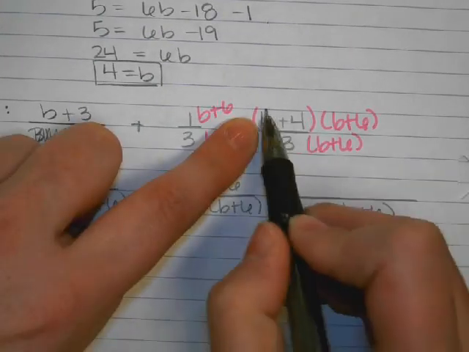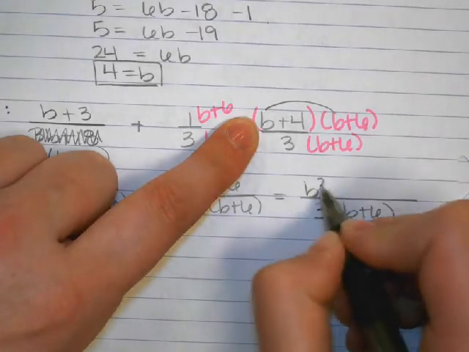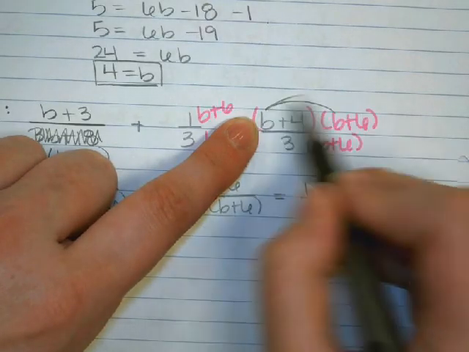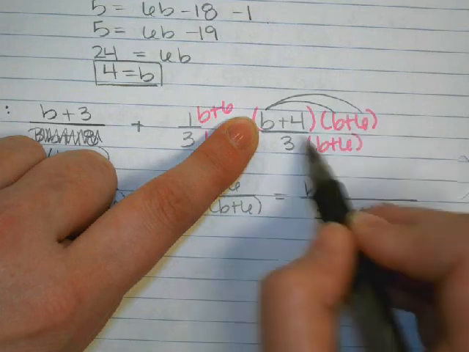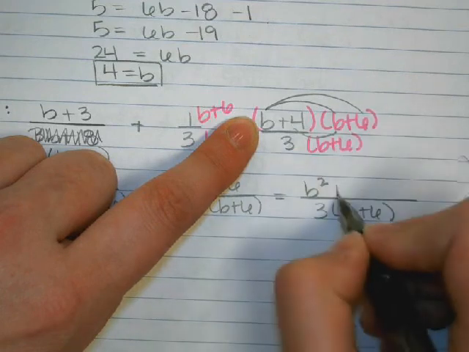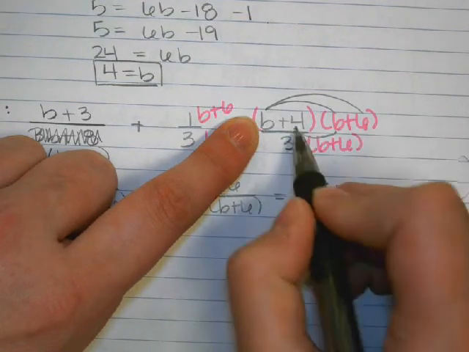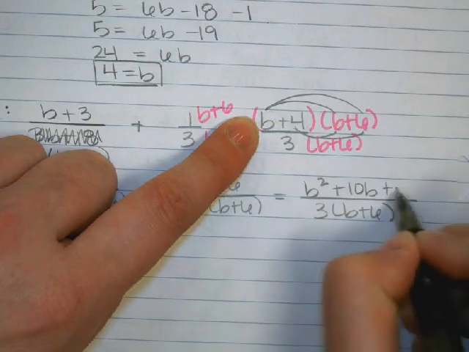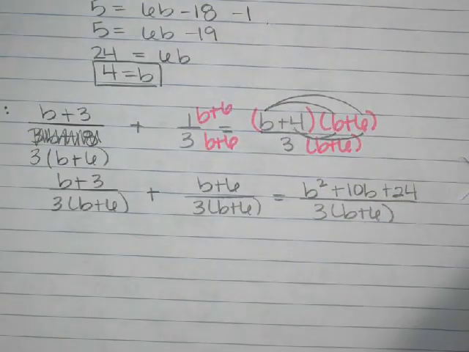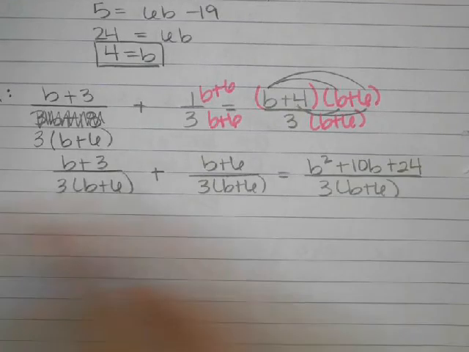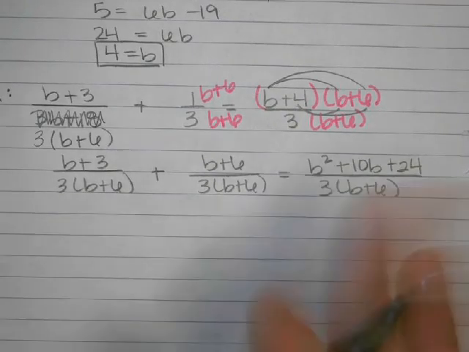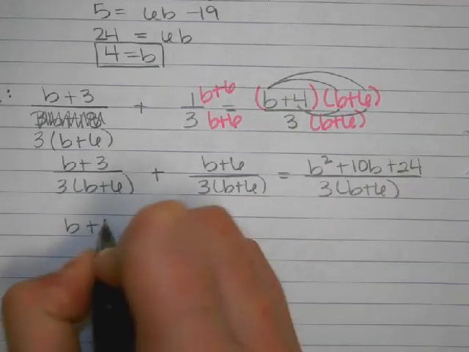So I have b times b is b squared plus 6b plus 4b plus 24. So all of my denominators are the same. That means I can ignore them now.